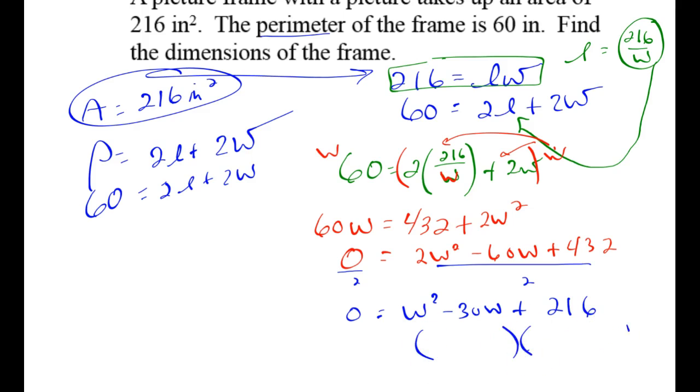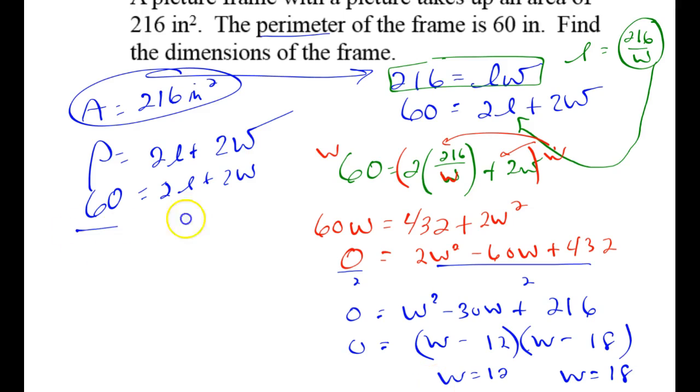And then I'm going to look for factors of 216 that add up to 30. And I think that's 12 and 18. Signs are alike. They're both negative. So W equals 12, W equals 18. If the width is W, I'm going to go back to this.